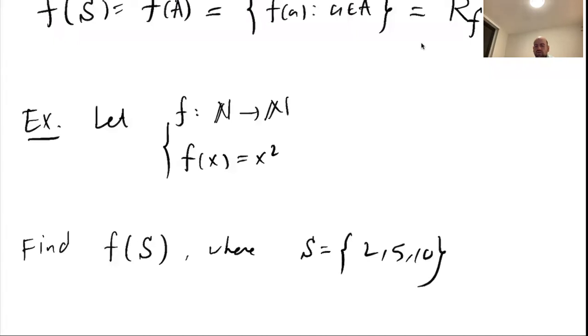See, we want to find f of a set. Which set? The set containing 2 and 5 and 10, which is a subset of N. Remember, if you want to find f of S, your S has to be a subset of the domain. And of course, here S is a subset of the domain.